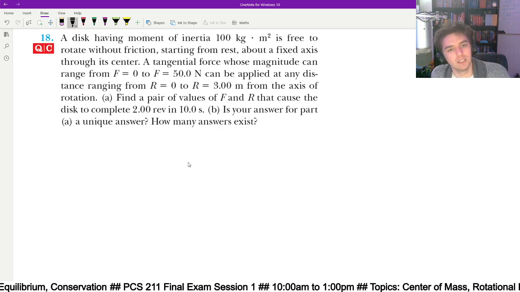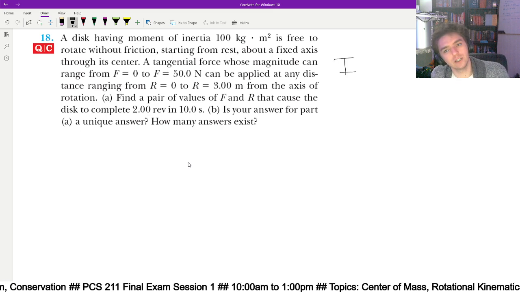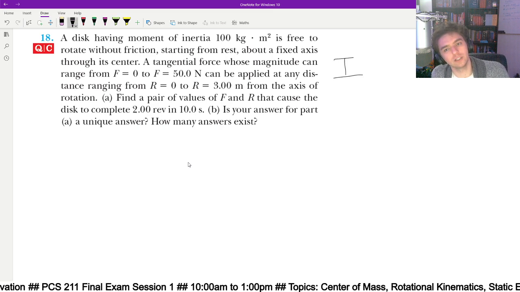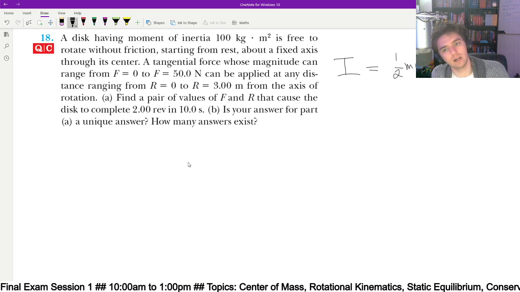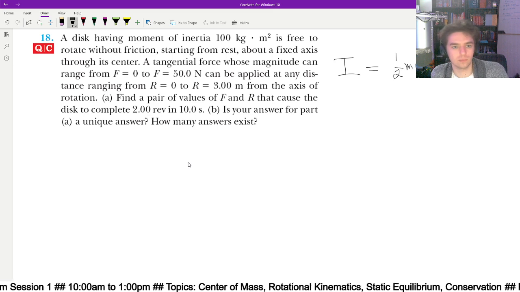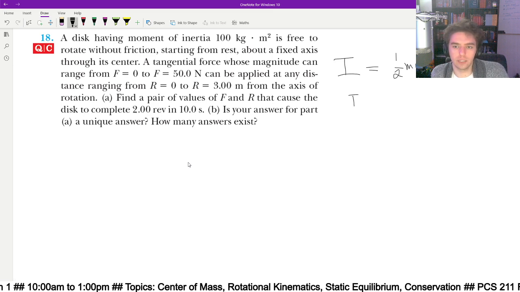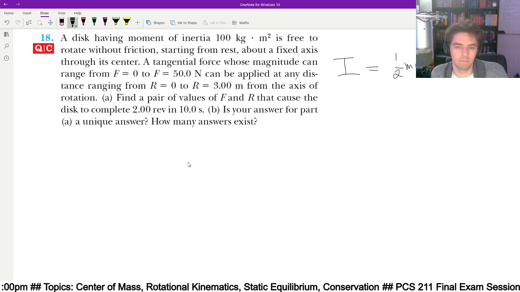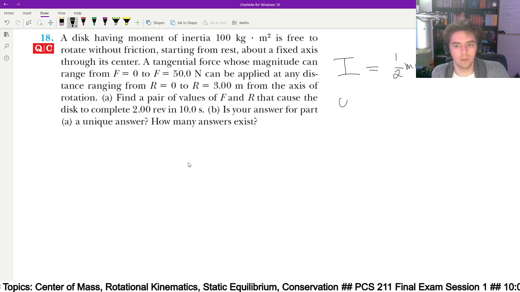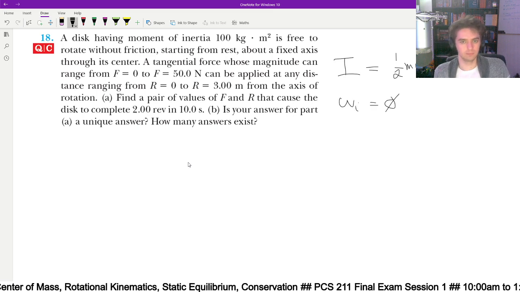Okay. So we don't have to figure it out. Inertia, well, actually, this will probably help. Inertia for a disk is, we said, 1/2 mr squared. We also know that it is equal to 100. Omega I is 0.